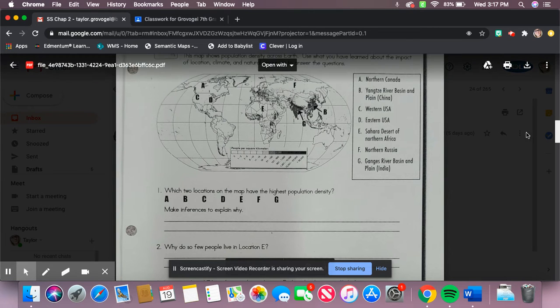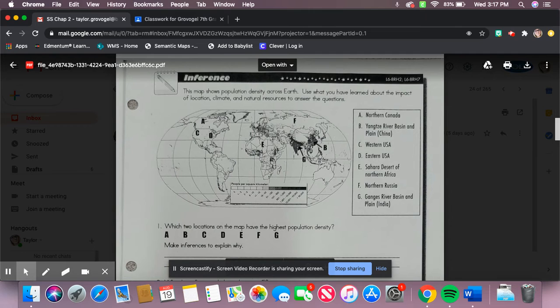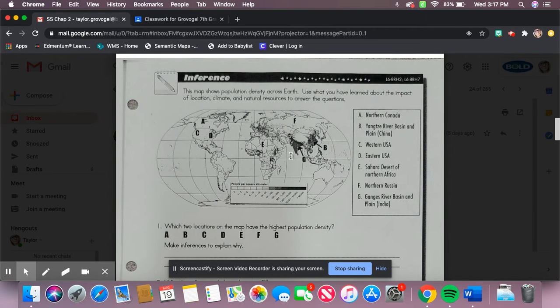So when you're reading this map, you may not be able to read it super great on the screen, but if you look at yours, at the bottom here, it has the legend for the population density. So it says people per square kilometer. So the lighter the color, that means the fewer people.